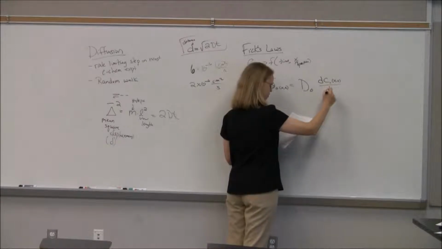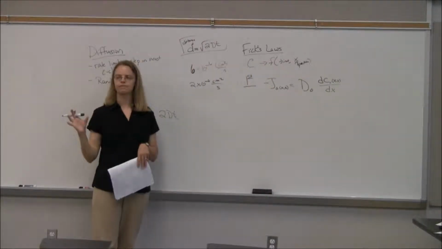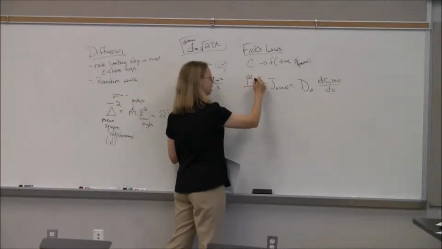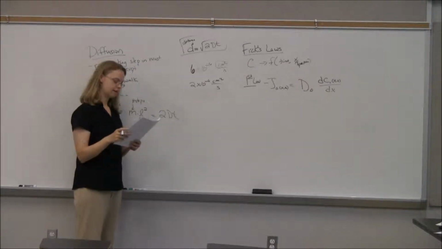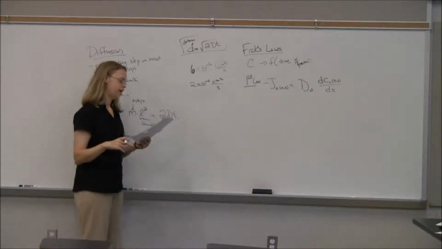I solved this a little earlier when we did the delta thing. So that was Fick's first law, which we're getting back to. And then again, that's all just i equals nFAJ kind of thing.